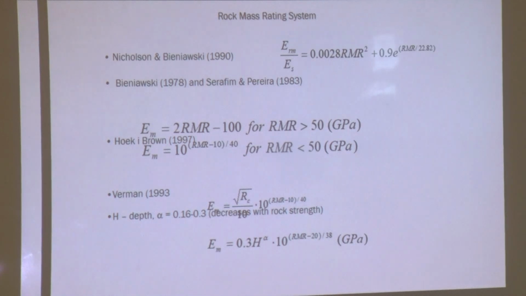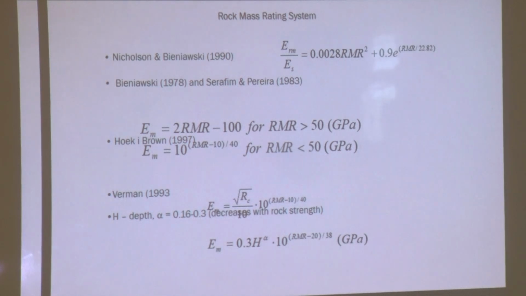Different teams in different countries are working on this, and they are modifying it based on different observations, on how RMR can be used for predicting the modulus or deformation.